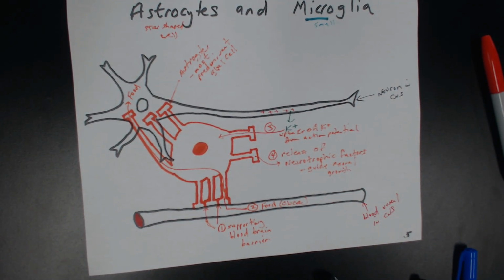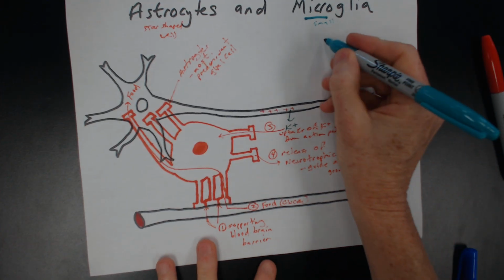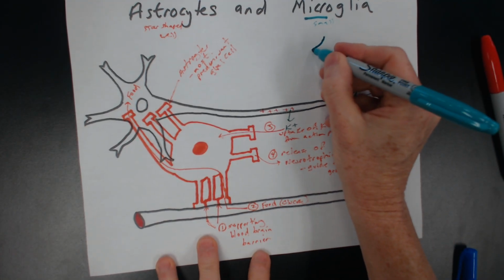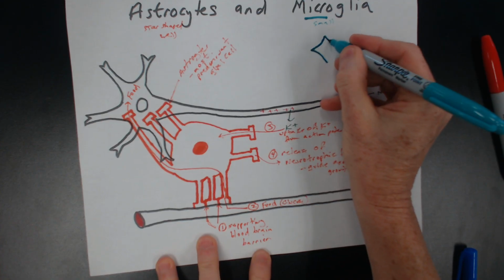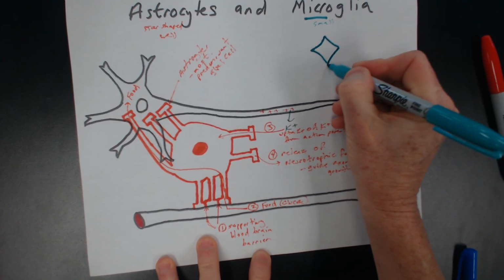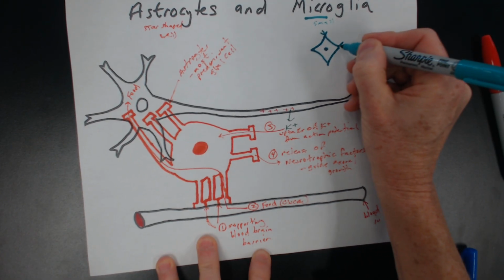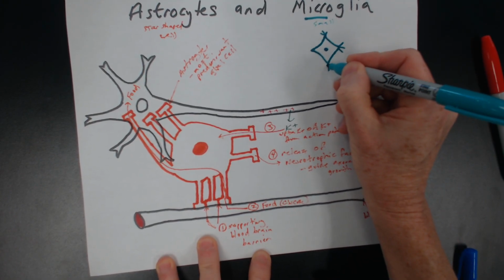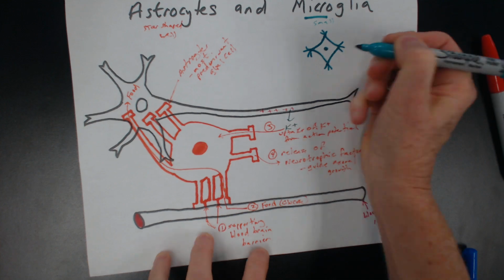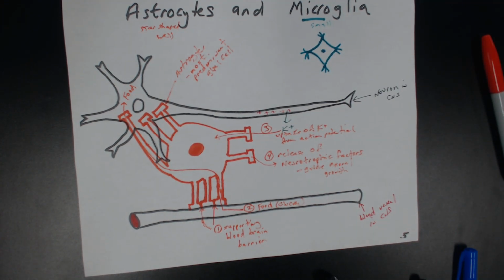So your small glial cells look kind of like this. I'm going to draw them over here. And they have a cell nucleus, and they have little fringes coming off. Just like that. That's going to be your microglial cell.